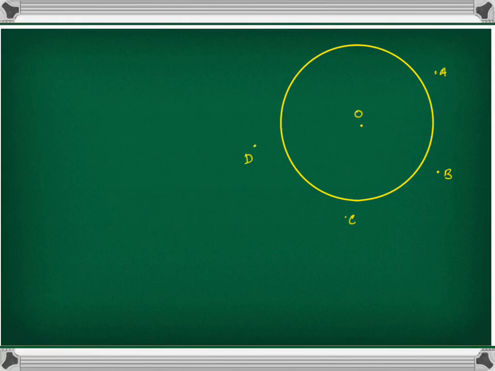The distance from the center will always be greater than the radius. So what is the radius? The radius is this. Now we will find the distance: the distance from the center to exterior point A is this, to B is this, to C is this, to D is this.